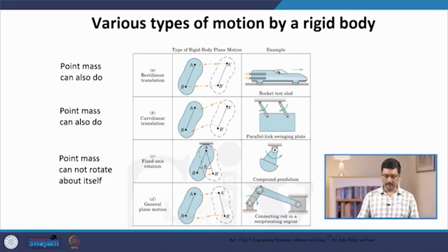Now, with this background, for an extended object we have computed two properties. Even though we have an extended object, if I still want to represent it by some representative point, that will be the center of mass, and we have discussed how to locate the center of mass.